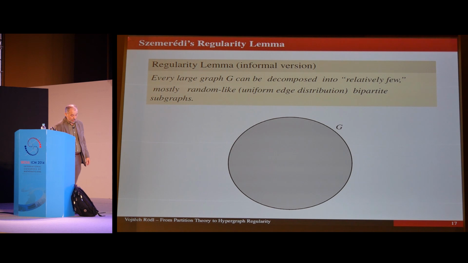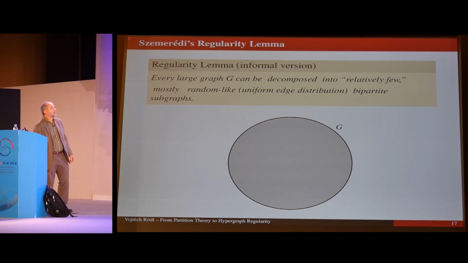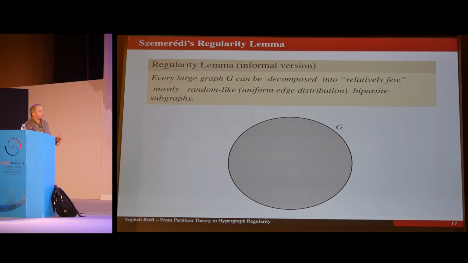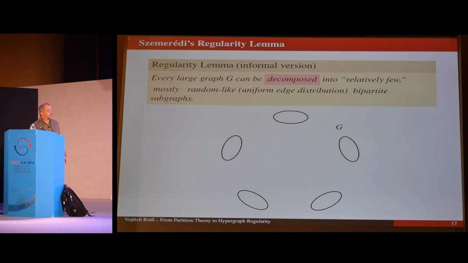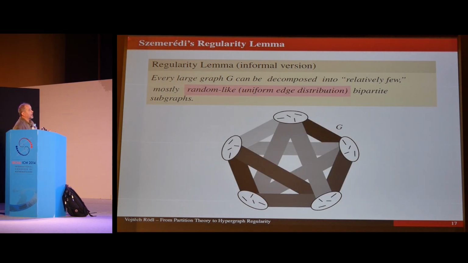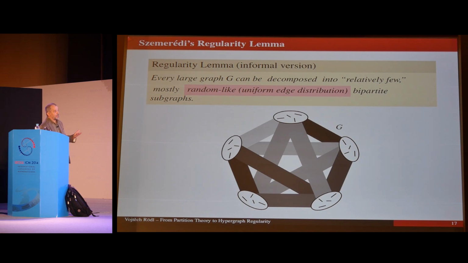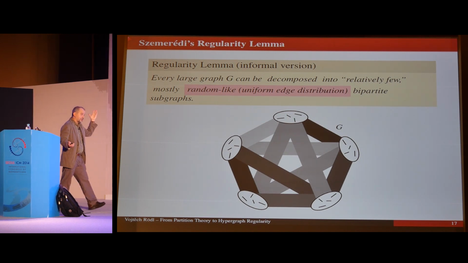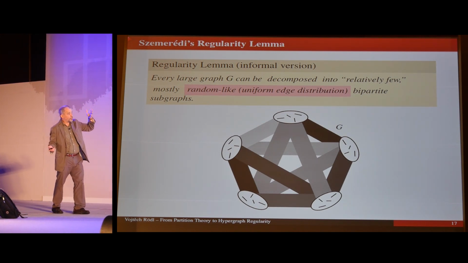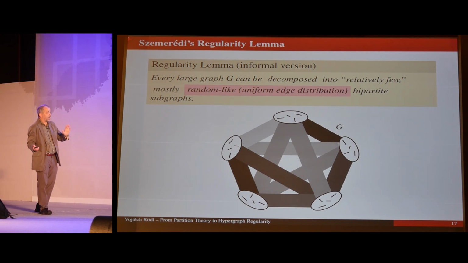So, the regularity lemma. What does it say? It says, informally, roughly, that every large graph can be decomposed, so its vertex set can be decomposed, into relatively few, so not many, mostly random-like bipartite graphs. This is depicted in the picture by the tubes which have a gray shade, but each of these tubes has a uniformly same gray shade.